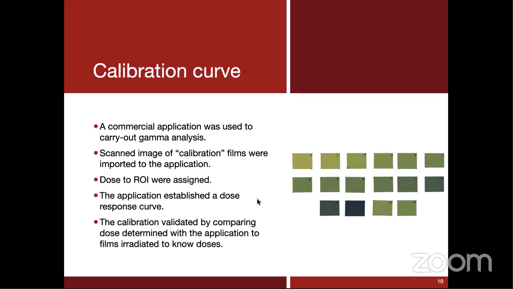But then it has something internally that constructs its own calibration curve. We really don't have control over that. So it establishes the dose response curve for the film. And just to make sure that everything is fine, we make another scan of different small pieces where we know the doses, and send the images to the application and ask, what is the dose actually received in these pieces of film?